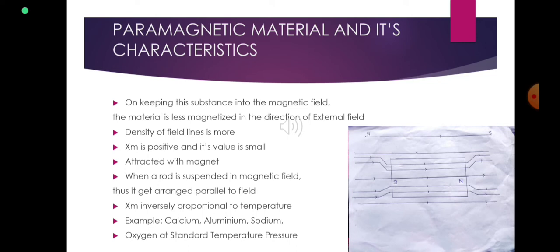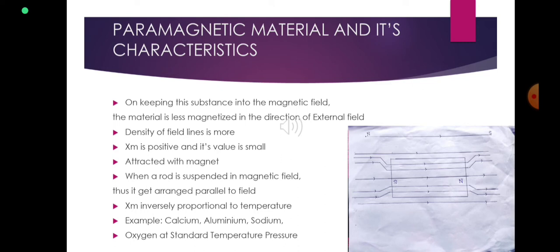Fourth, field lines are attracted with magnet. Fifth, when a rod is suspended in a magnetic field, then it gets arranged parallel to the field. So if we place a rod of paramagnetic material in the magnetic field, it arranges parallel to the field, because north attracts south, so they arrange parallel.